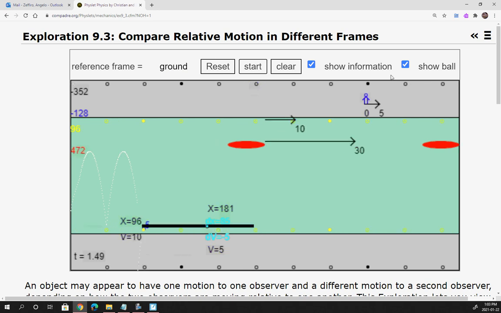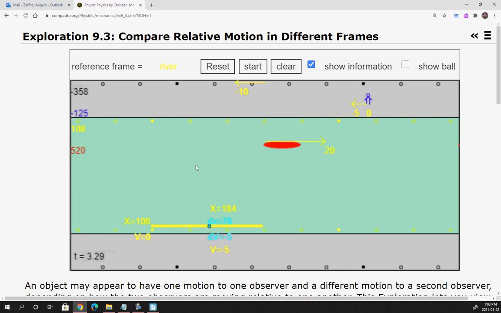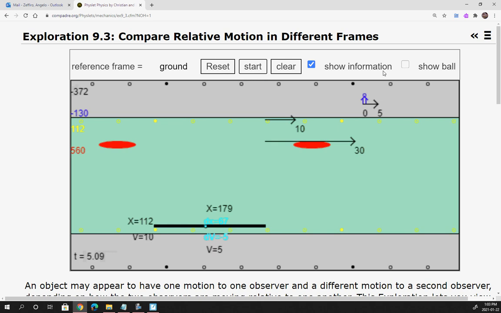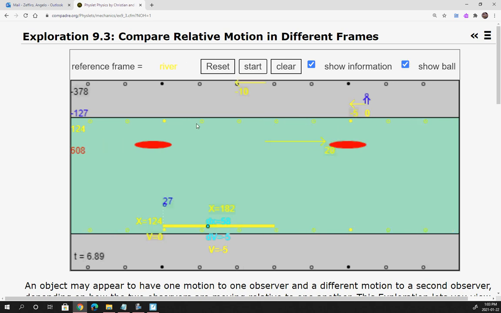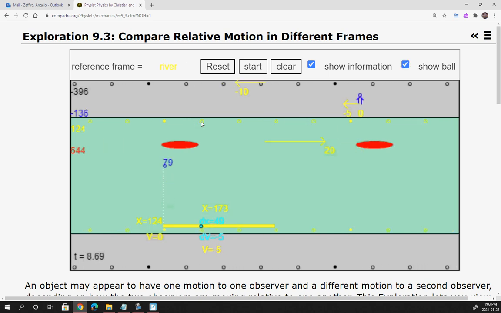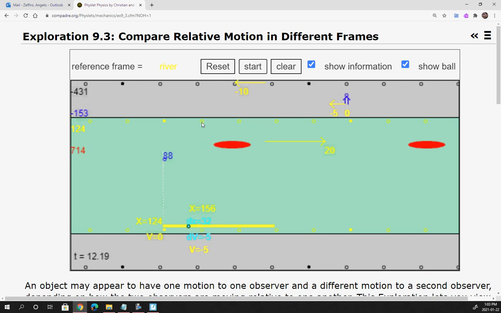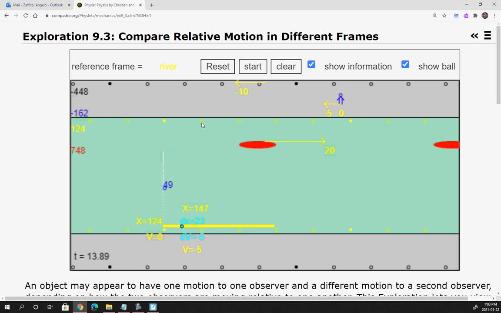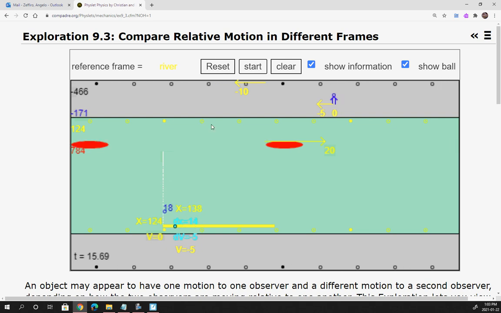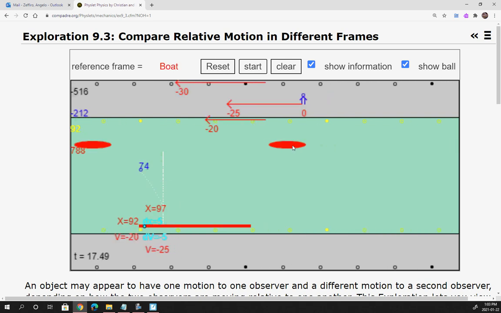So there's that. Now let's take a look at the ball being thrown from the river point of view. Look. See, the barge is moving with the river. So it just goes up and down and up and down. What about from the point of view of someone on the boat?